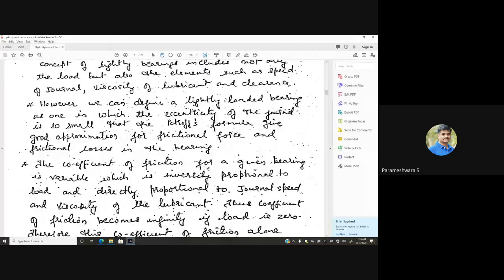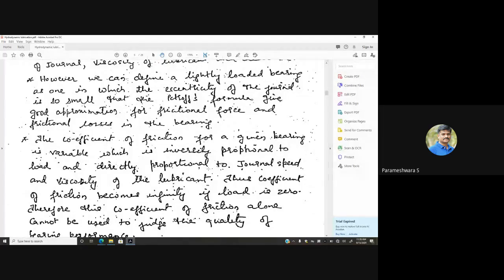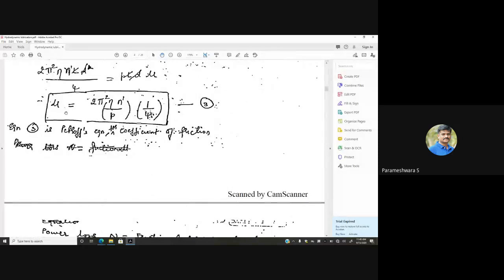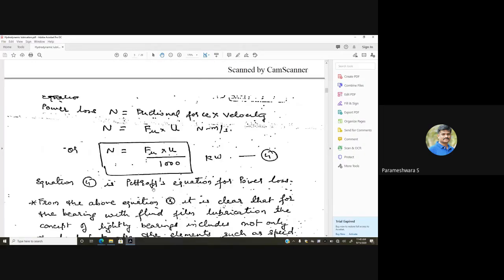Also, the coefficient of friction for a given bearing is variable: mu is directly proportional to the speed and inversely proportional to the load pressure. Load pressure is equal to load by area.